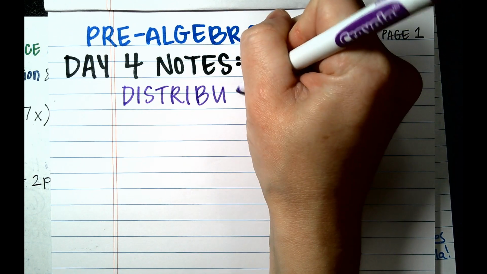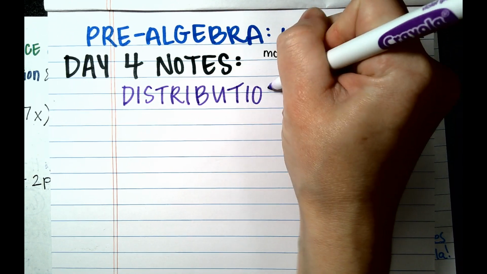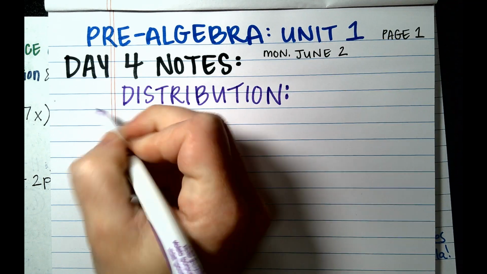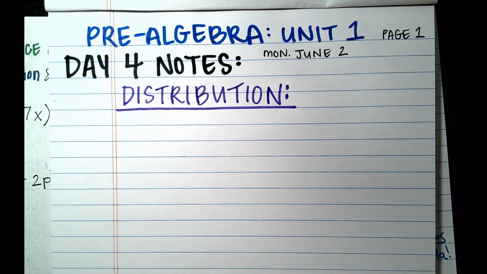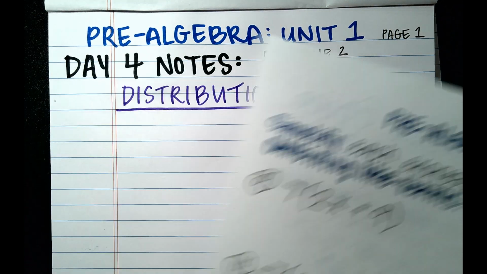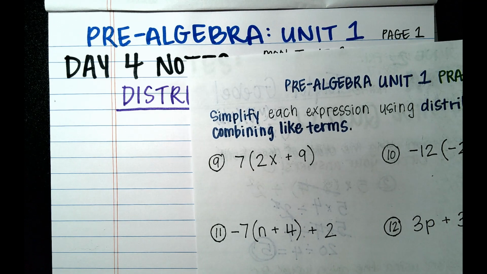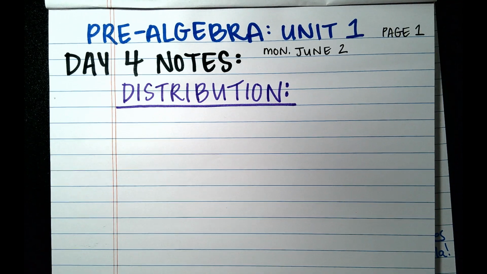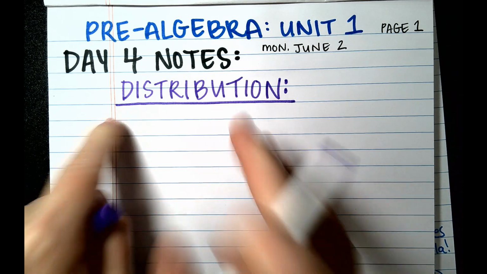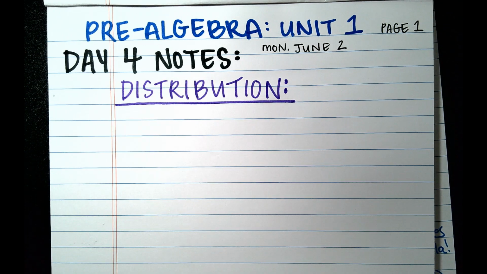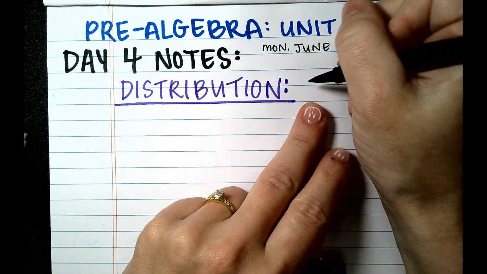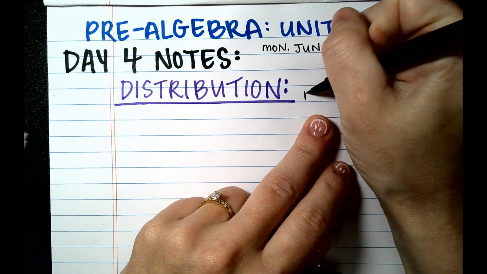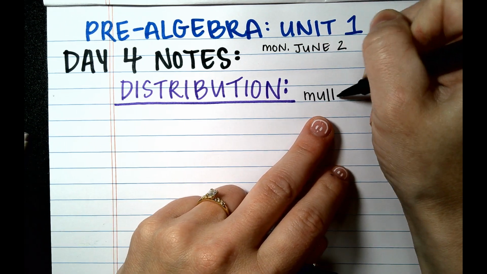Review. On this page of our practice quiz, all 4 problems involve some distribution. And distribution is just a fancy word for multiplying. So I'm going to write multiplying.